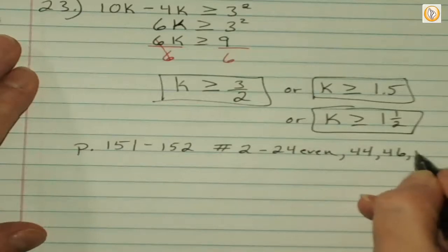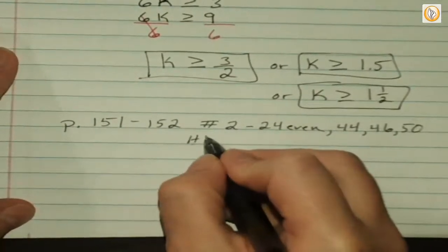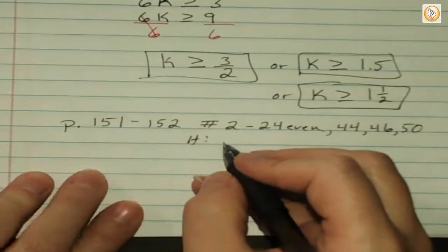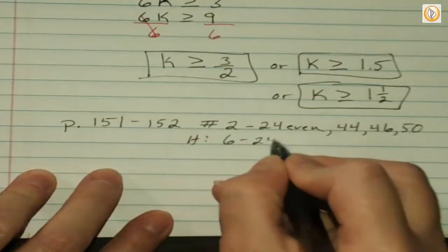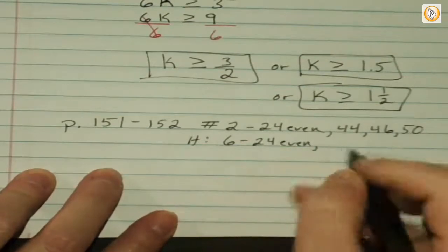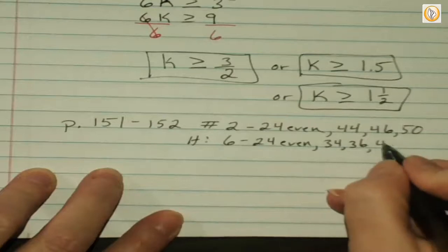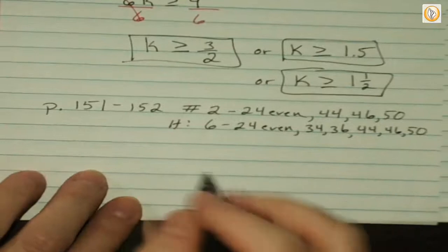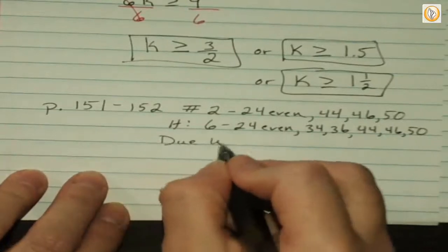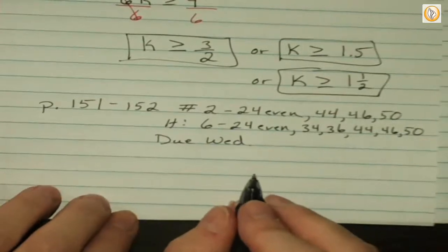Oh yeah, 15 problems. Honors, six through 24 even, and 34, 36, 44, 46, 50. This is due Wednesday. Honors is more time. Wait, no, it's the same.